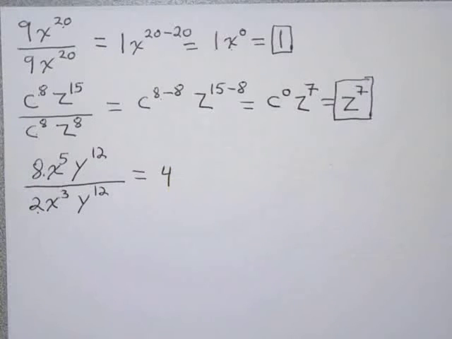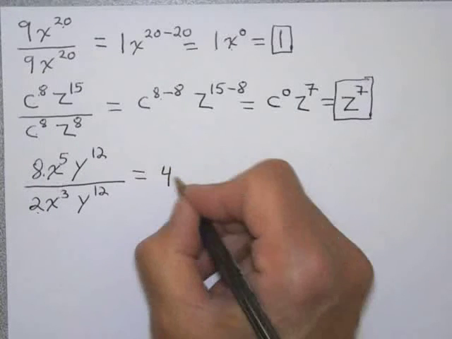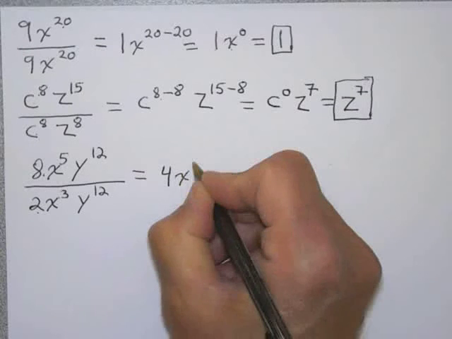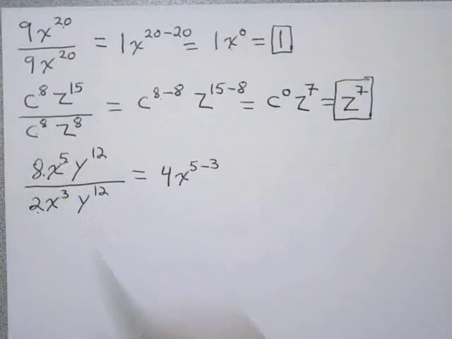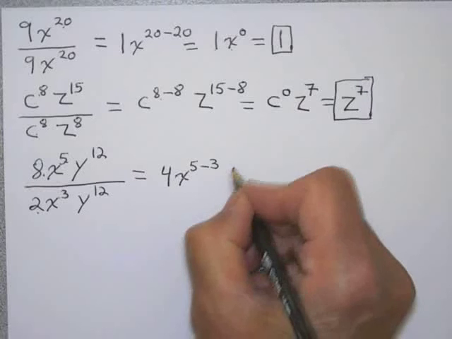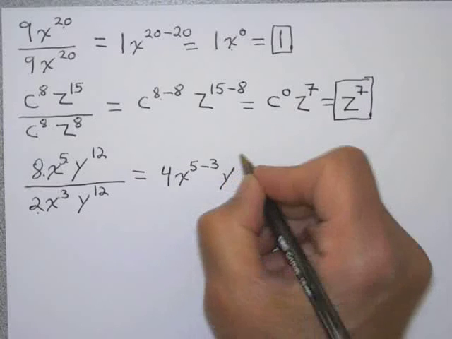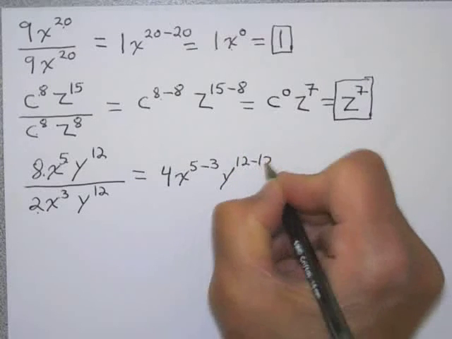And let's deal with our x's. So this is going to be x to the 5th minus 3. There's my 5, there's my 3. And y to the 12th minus 12.